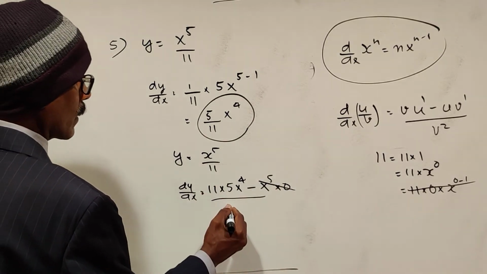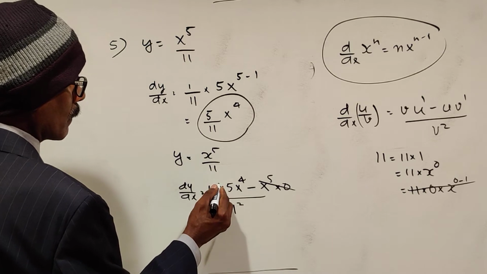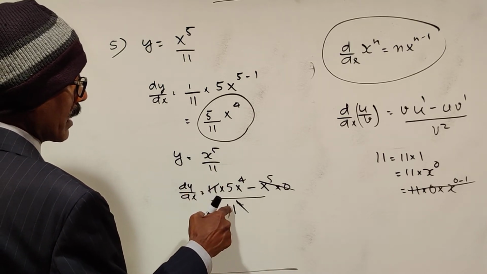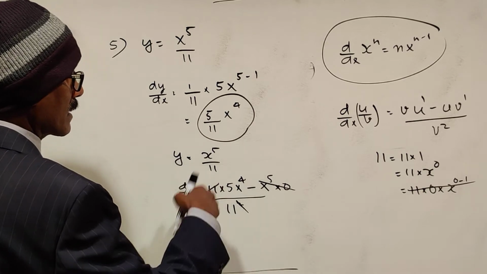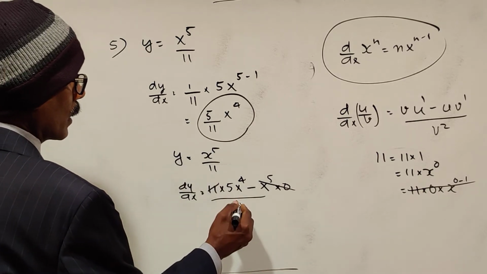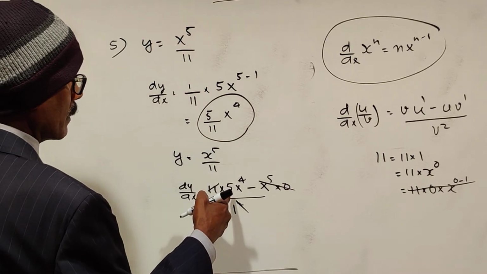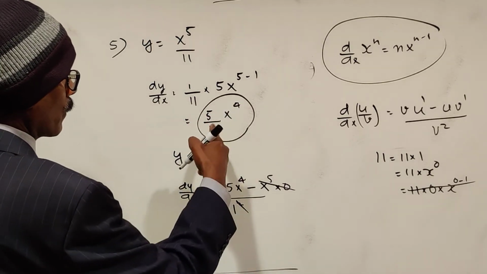Divided by 11 square. 11 divided by 11 times 11, you can cancel one 11. So 11 is in the denominator. That is the answer: 5x to the power 4 divided by 11.